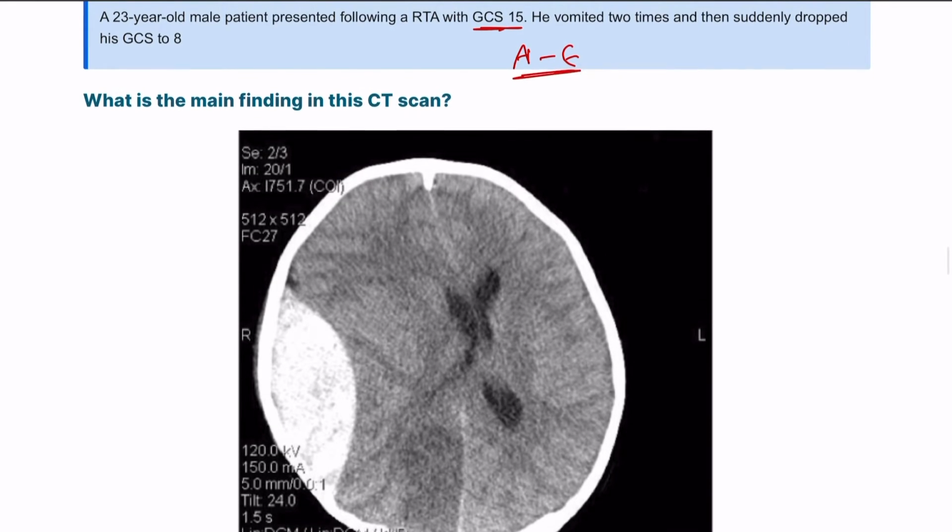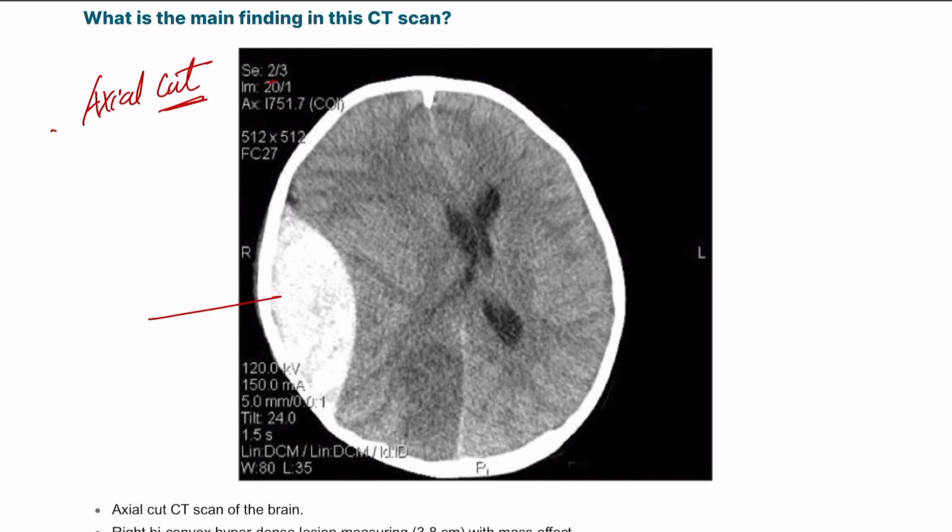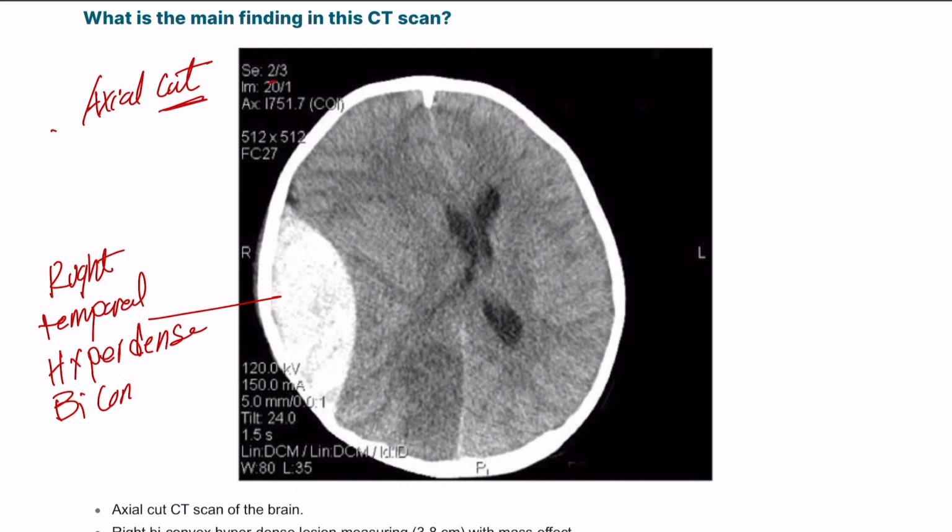So the way we can present the CT scan, this is an axial cut of this patient that is showing a right temporal hyperdense biconvex lesion, and this is showing a mass effect.